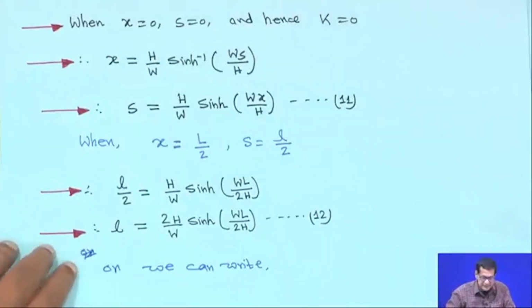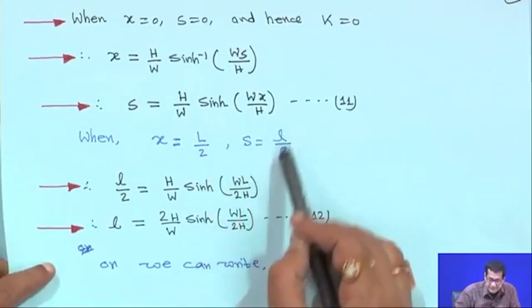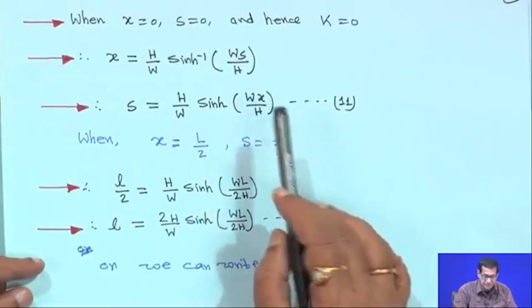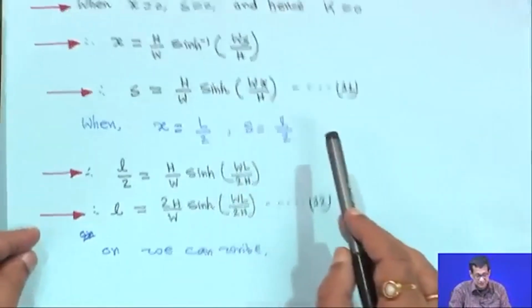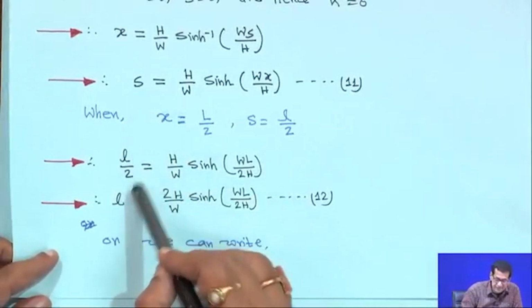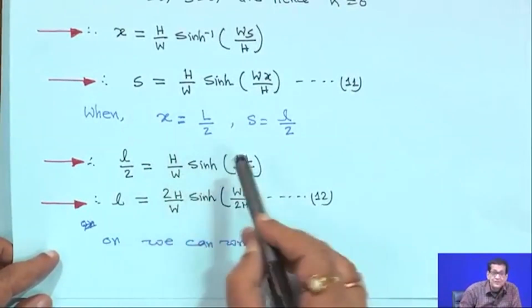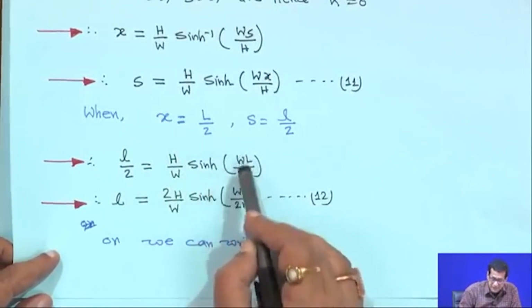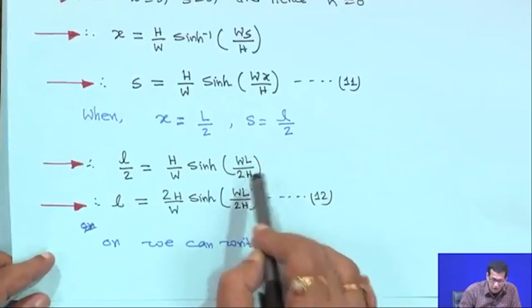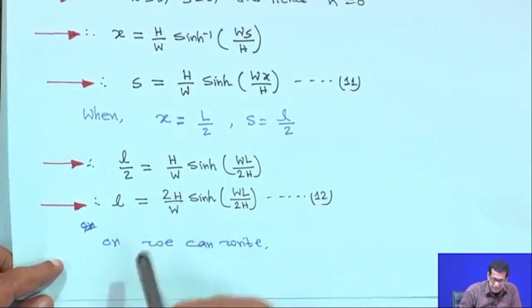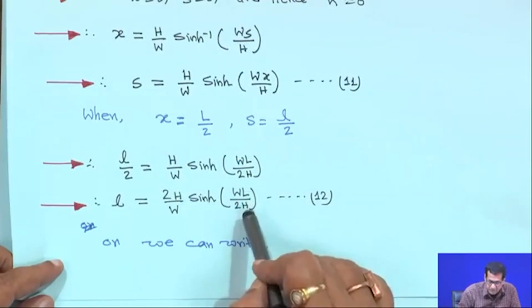Therefore, when x is equal to capital L by 2, s is equal to small l by 2. If you substitute here, you will get s is equal to l by 2 is equal to h by w sin hyperbolic w l upon 2h, or l is equal to 2h by w sin hyperbolic w l by 2h.